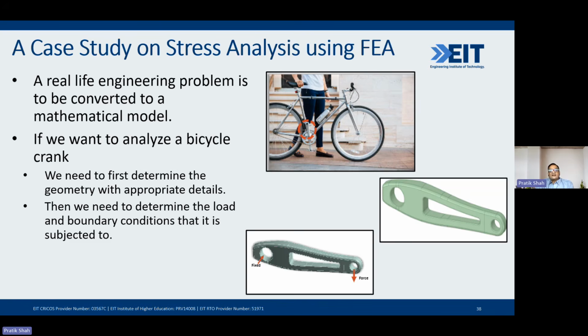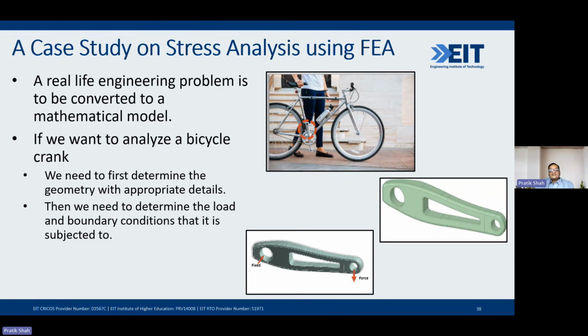So this entire system has to be disintegrated into components, wherein I am just interested in analysis of this crank. So I bring out that crank in the form of a geometric model like this. This particular portion would be attached to the pedal, whereas this particular part would be attached to the crank.